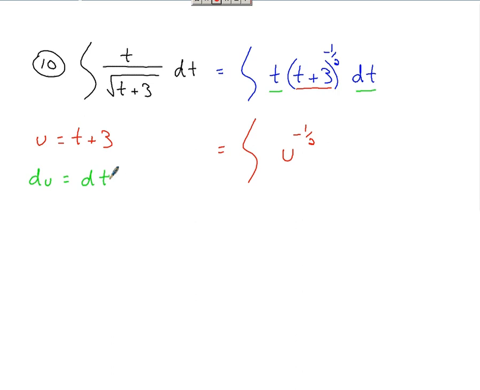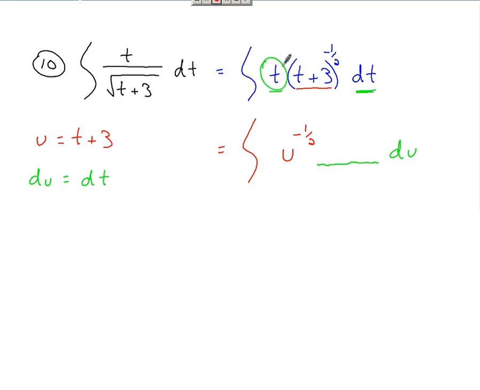So looking at what I have here now with this equation and what I need to replace, I can only replace the dt, right? I can replace that with a du. Now I'm leaving myself a little space here because I need to replace this guy still.